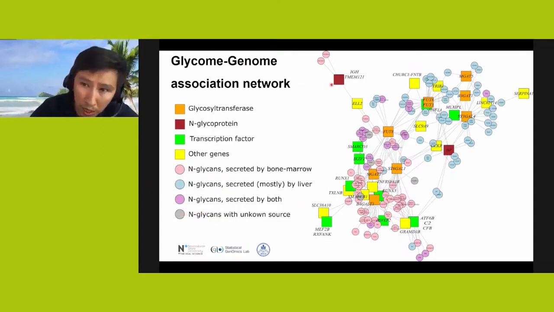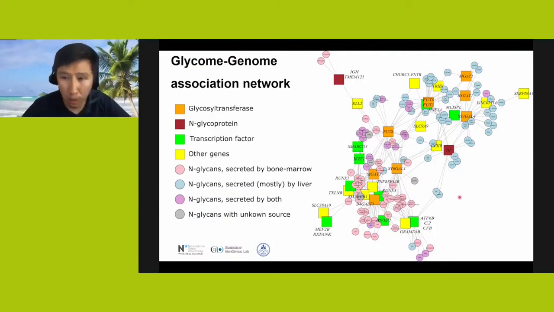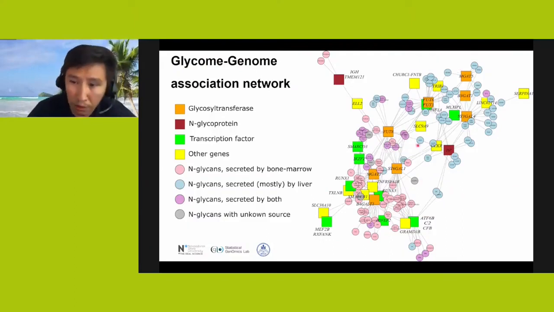When you look at this network, you can see that it can be quite nicely divided into 2 subnetworks, the lower one and the upper one, which are partially overlapping. What is interesting is that the upper network consists of N-glycan traits that are secreted by the liver. Here we see the HNF1 alpha transcription factor, which is a liver-specific transcription factor.